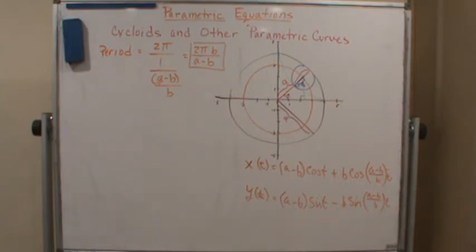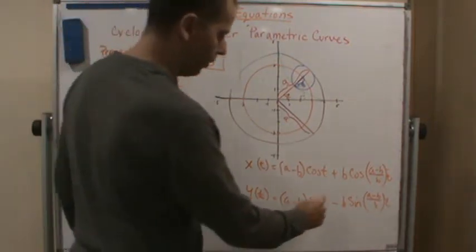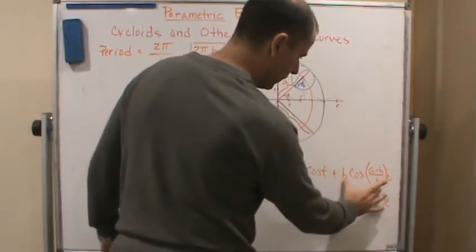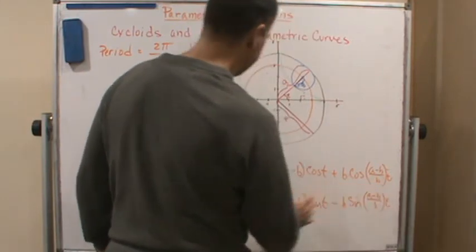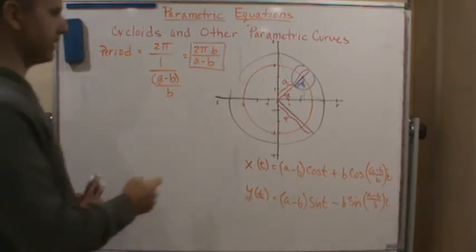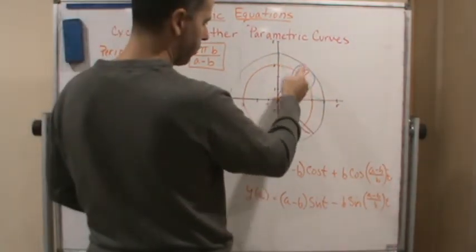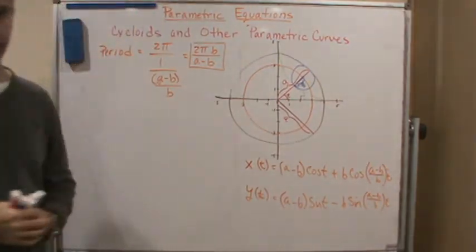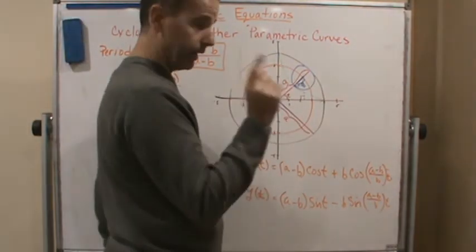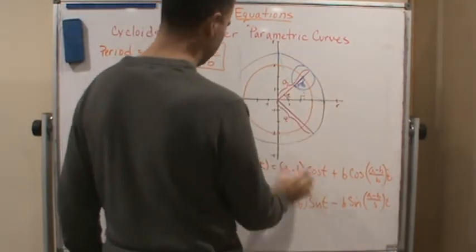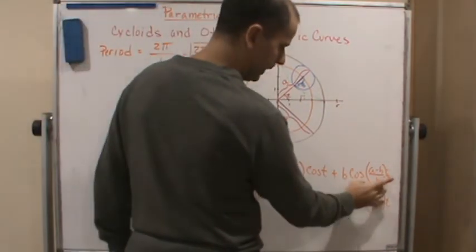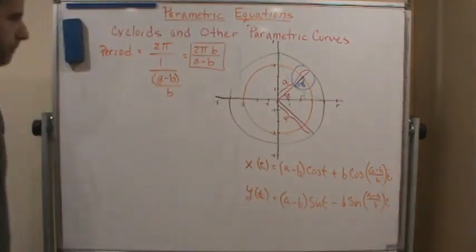Or the second function rather. Okay, so again, notice that looking at the angle here, the period of both of these is this. And that describes the rotation here. So depending on the size of the circle, the period of this smaller circle is given by this formula, which is the second piece of the parametric equations.